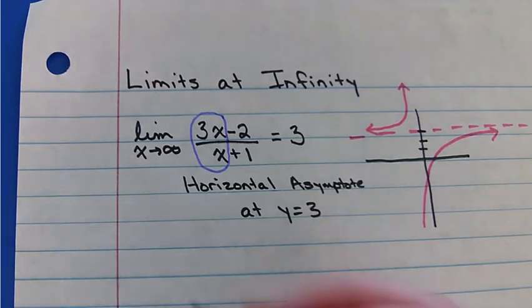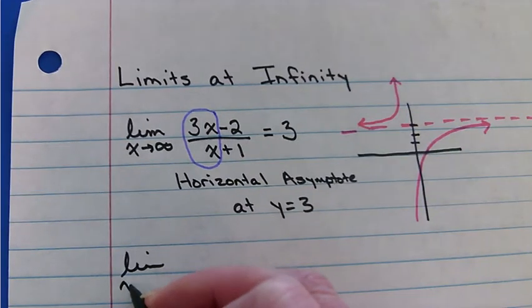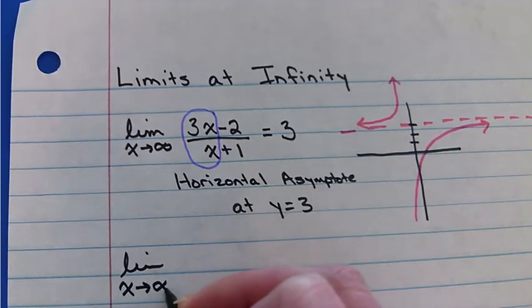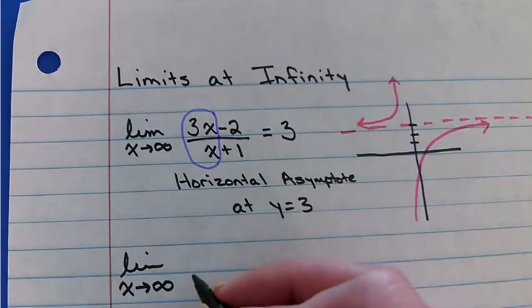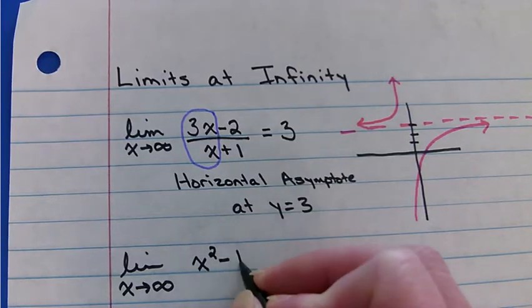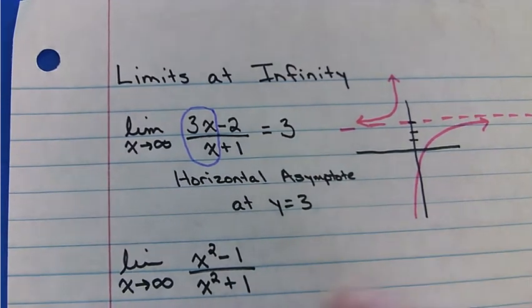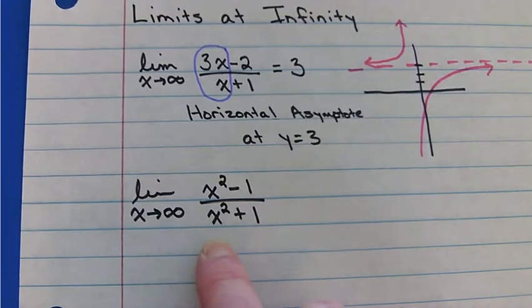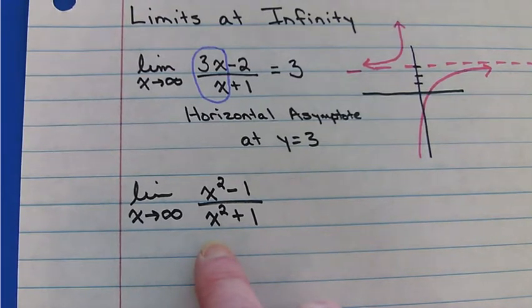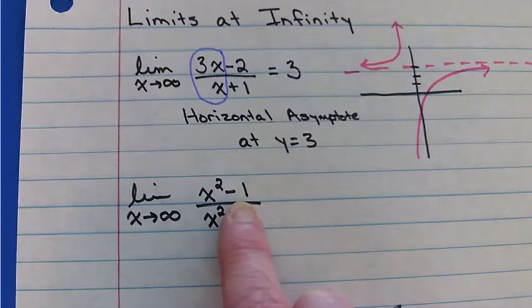Now what about this one? Again, if I'm looking at when x becomes super, super, super large, like a billion or a trillion or a quadrillion or something, is subtracting 1 going to matter at all?